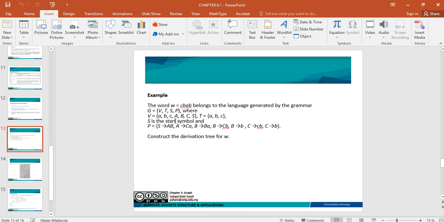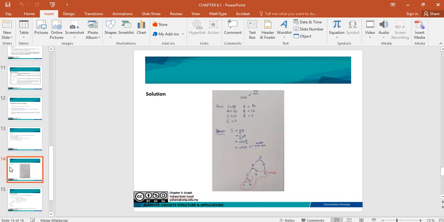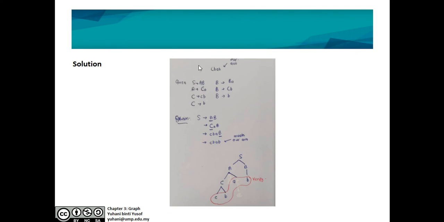The word that we want is CBAB, and we need to start with S going to capital A, B, and we have choices of A, B, and C. This aim is given from the question.